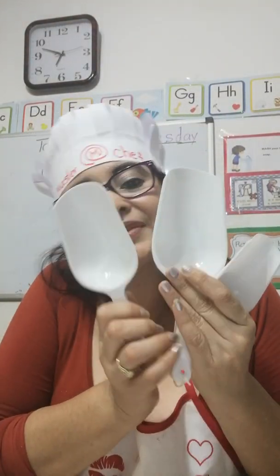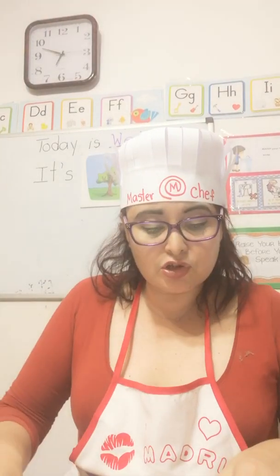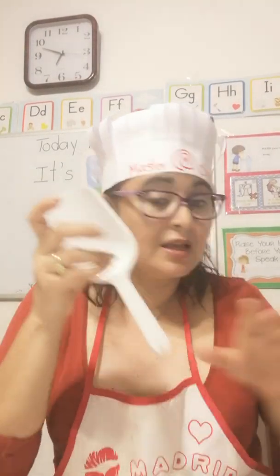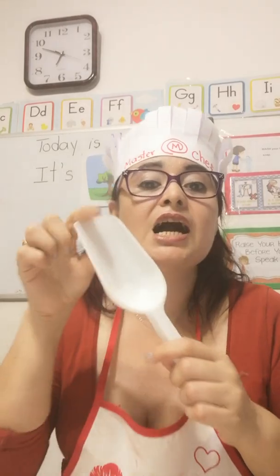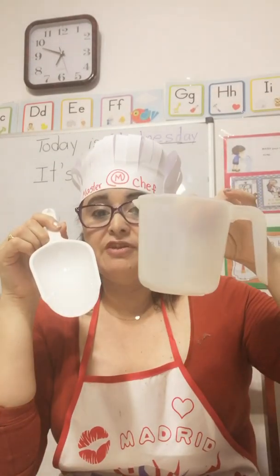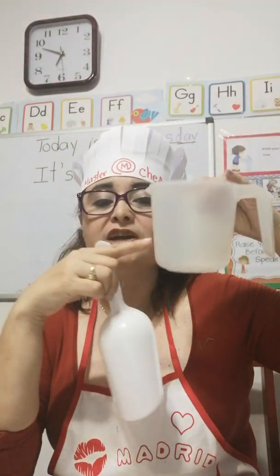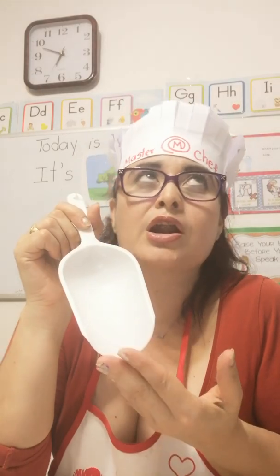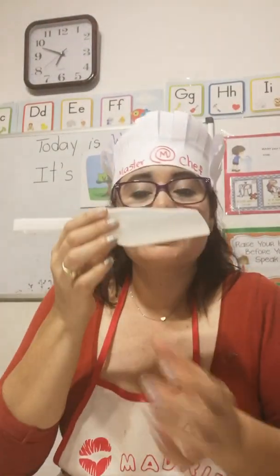As you can see, this is also called a cup, like this one. This is a cup, but this cup is used to measure dry ingredients, which is different. This is to measure liquids, and this one is used to measure dry ingredients like flour, rice, okay?